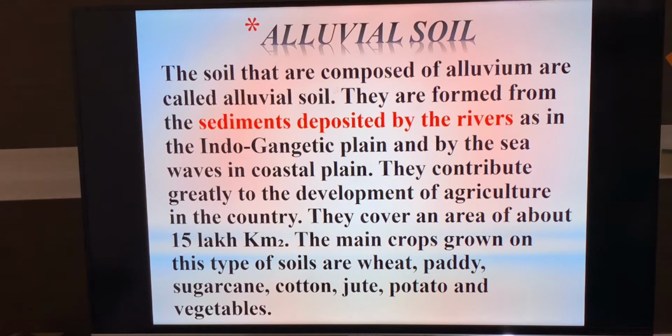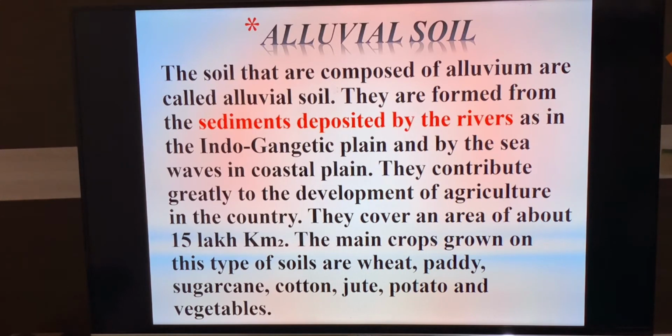Alluvial soil. First we should know how alluvial soil is formed. Alluvial soil is formed from sediment deposited by the river. The rivers carry the rock with them, and they are the sediments. They carry the sediments with them and these are deposited in the Indo-Gangetic Plain.